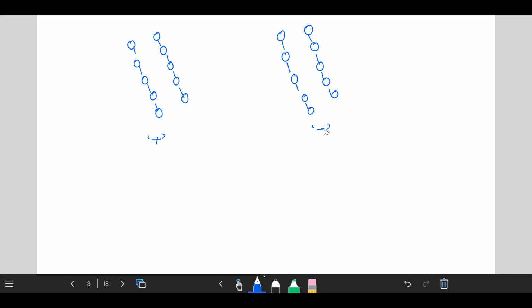Let's draw something. This is the peptidoglycan chain. Let's consider this is gram positive and this is gram negative. Now we will look at the difference.